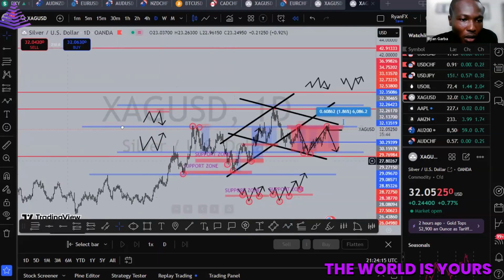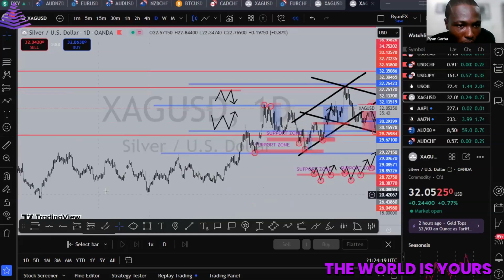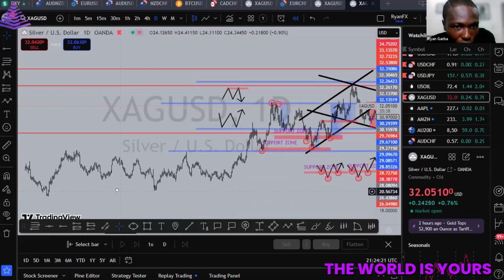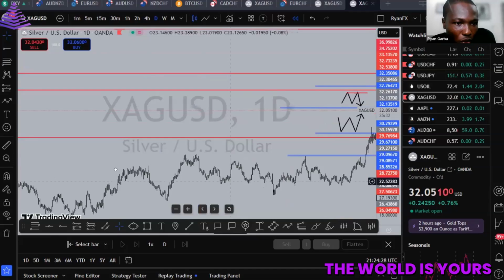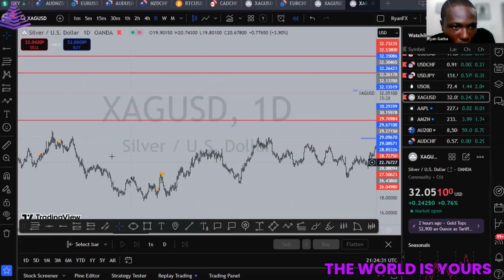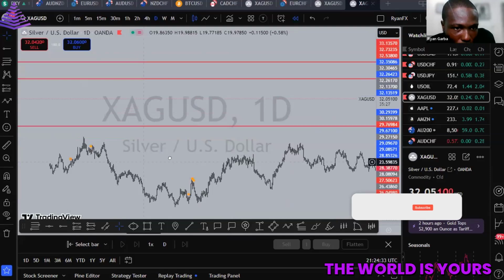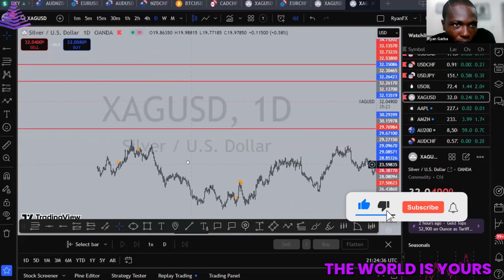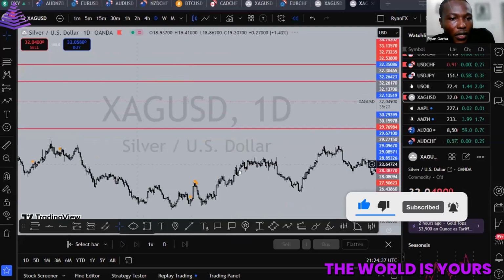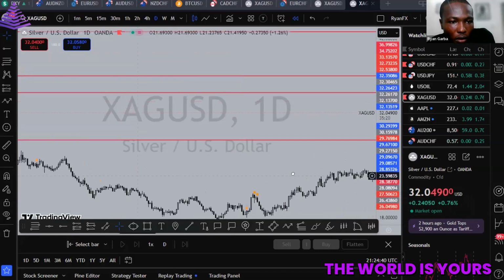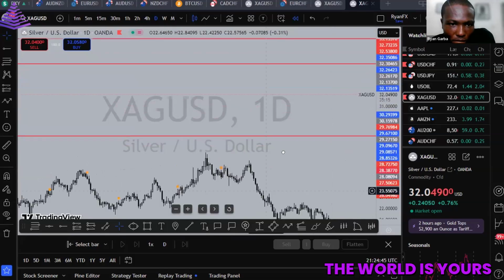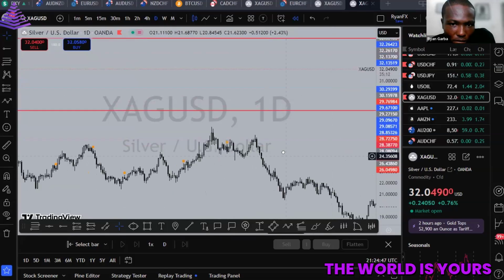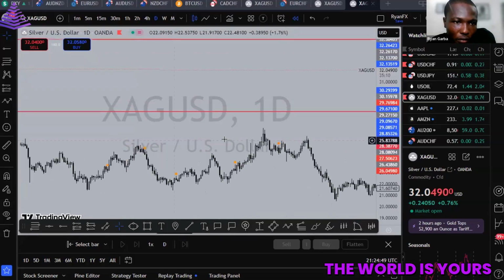Head and shoulder pattern. Let me see if I can spot a very good one. I see something nice here.